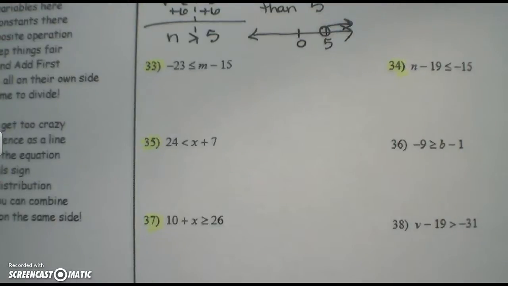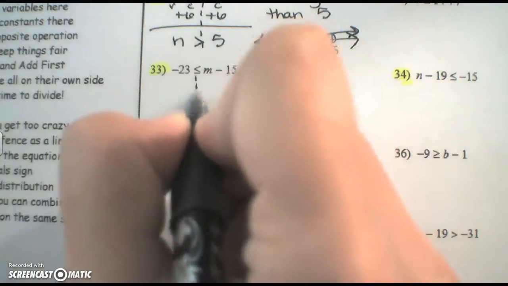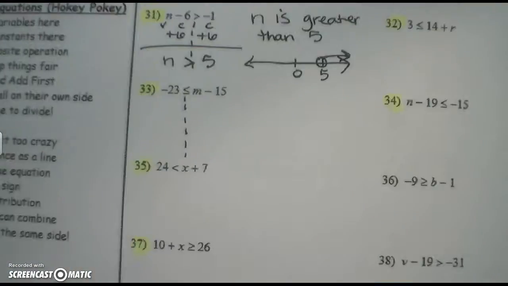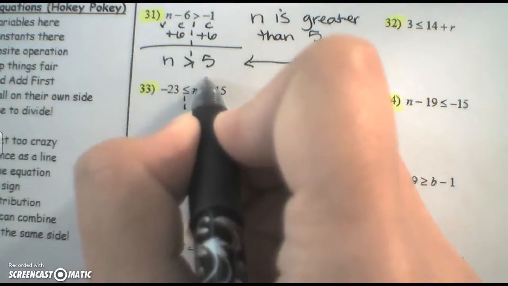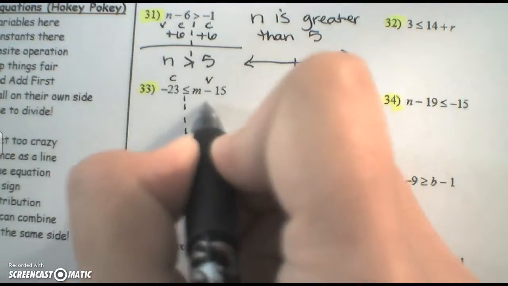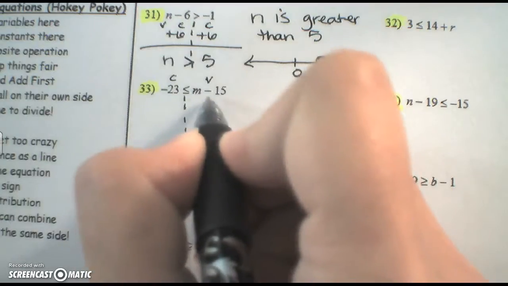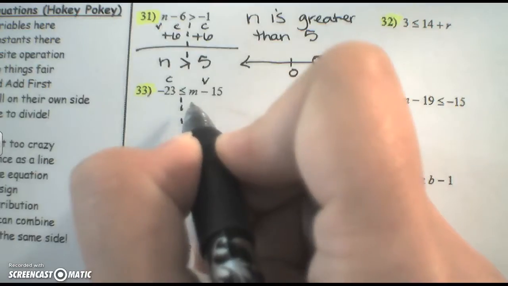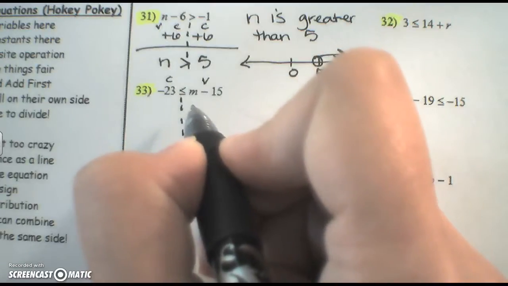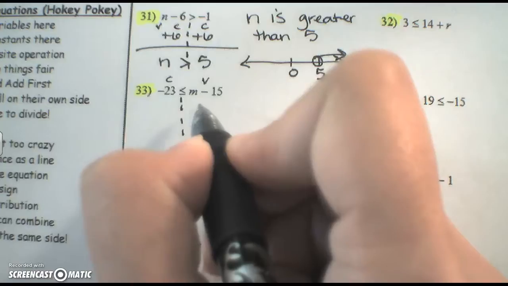All right, so let's take a look at number 33. So we're going to draw our fence as a line. And we are going to label. We've got variable and constantville. And we check for distribution, nope. And we are going to combine like terms on the same side, nope.